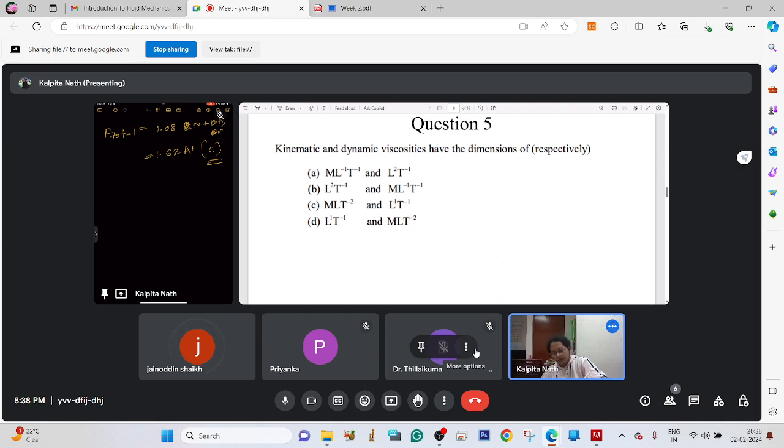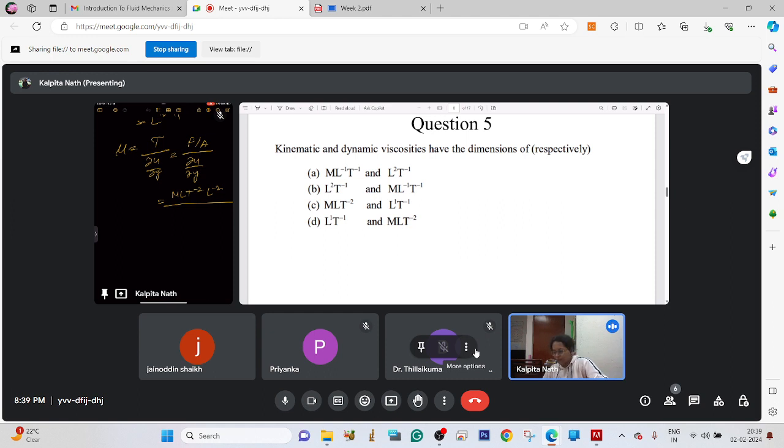Okay, so let's do this. We already did it. So this nu will be kinematic viscosity, that is meter square per second. That means L square t to the power minus 1. And dynamic viscosity is tau upon del u del y, that means force per unit area upon del u del y. So that means M L t to the power minus 2 into L to the power minus 2, area to the power minus 2.